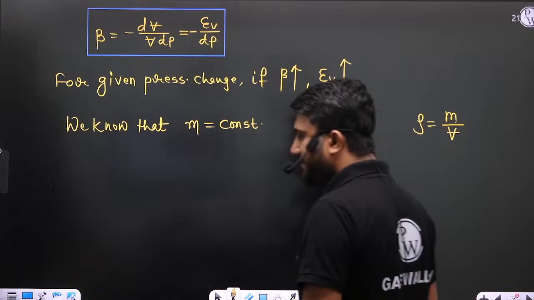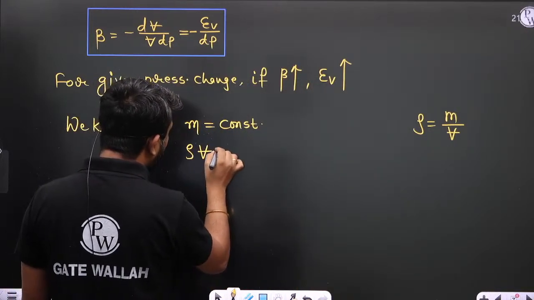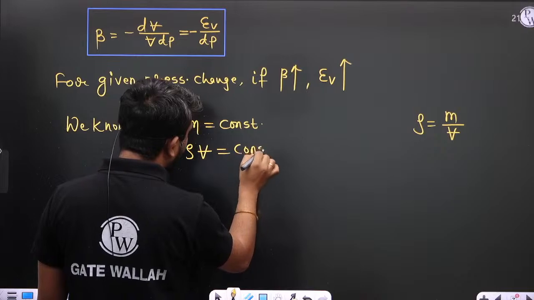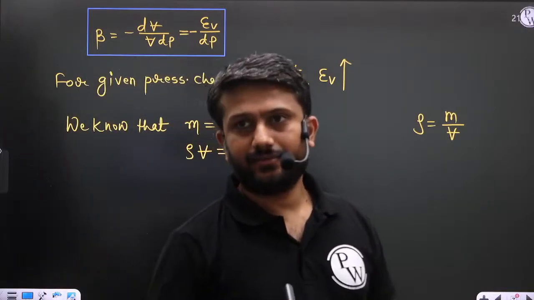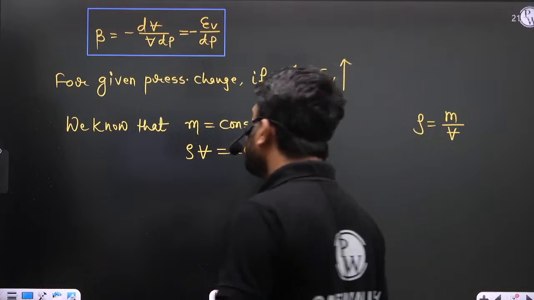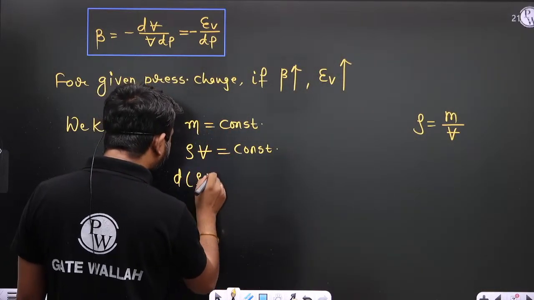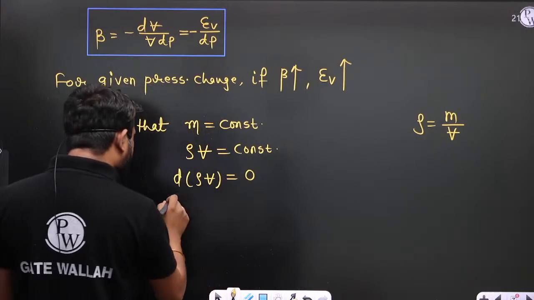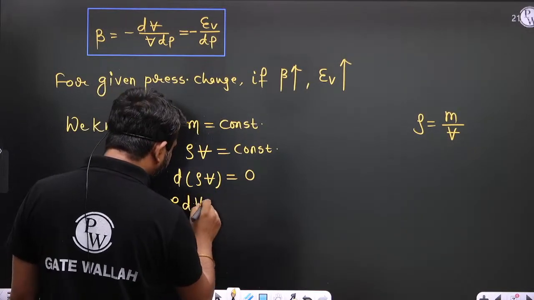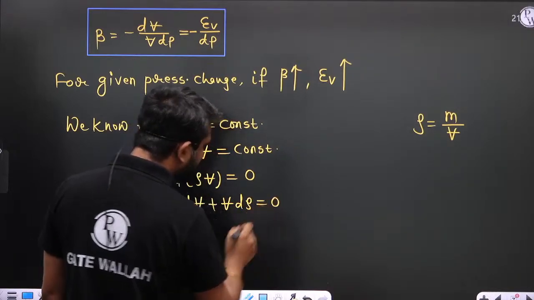So we can write mass is equal to rho multiplied by volume is equal to constant. Okay, now take the derivative on both sides. The derivative of a constant is 0. So we can write rho dV plus V d rho is equal to 0.